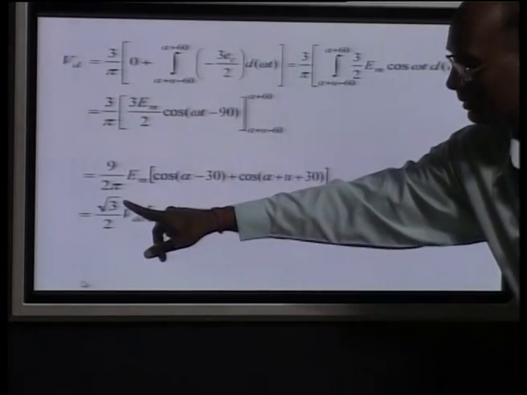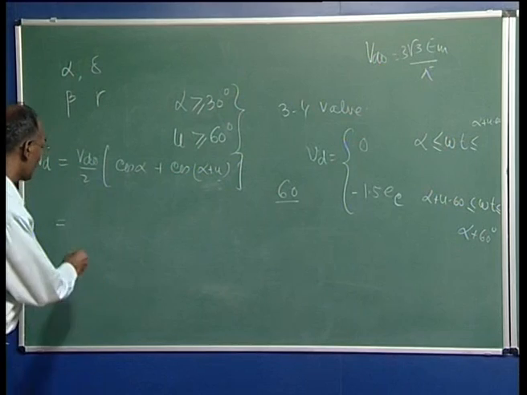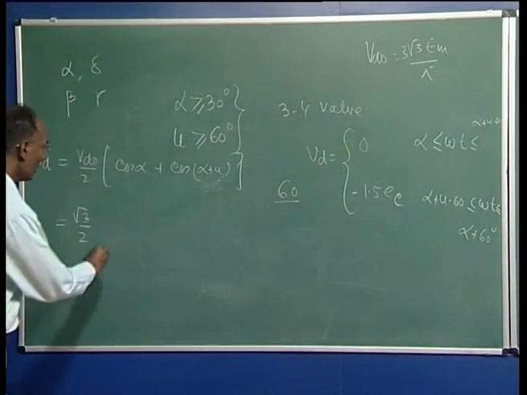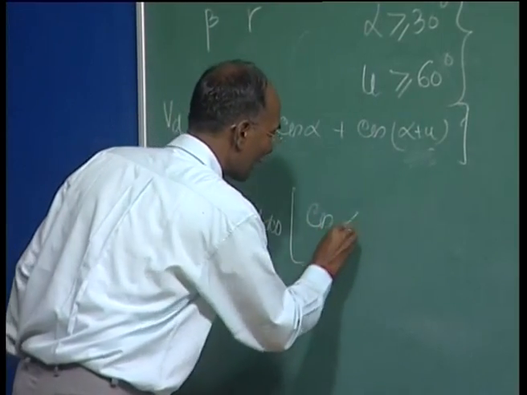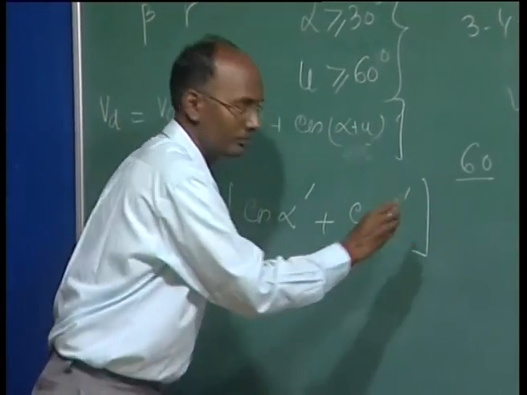The under root 3 term remains, and the 2 is already coming in here, so we are going to have under root 3 by 2 times VDO, with cos alpha prime and cos delta prime.